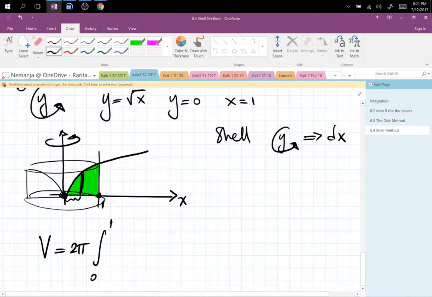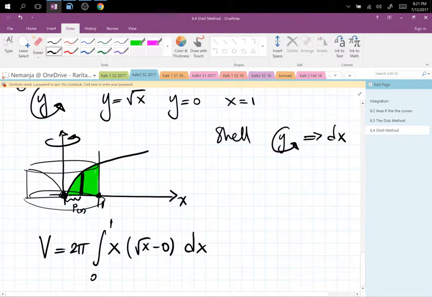Position is this much over there, and you see that that's measured by x. So that's why we put x for p of x. And the height of the dx rectangle is square root of x minus 0, because it's the bottom, right? Bottom is 0. So you can just put square root of x and then dx.